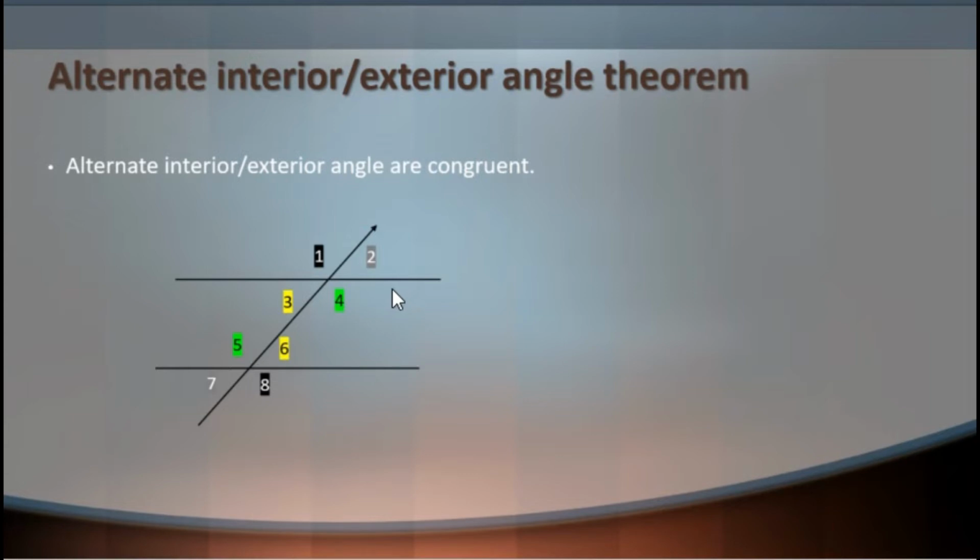Here we can see the interior angles. 3 and 6 are congruent, therefore 3 and 6 have the same angle, including 5 and 4. Inside the parallel lines, we call this the alternate interior angle theorem. Meanwhile, on the outside, 1 and 8 are congruent, and 7 and 2 are congruent. These two pairs are the alternate exterior angle theorem.